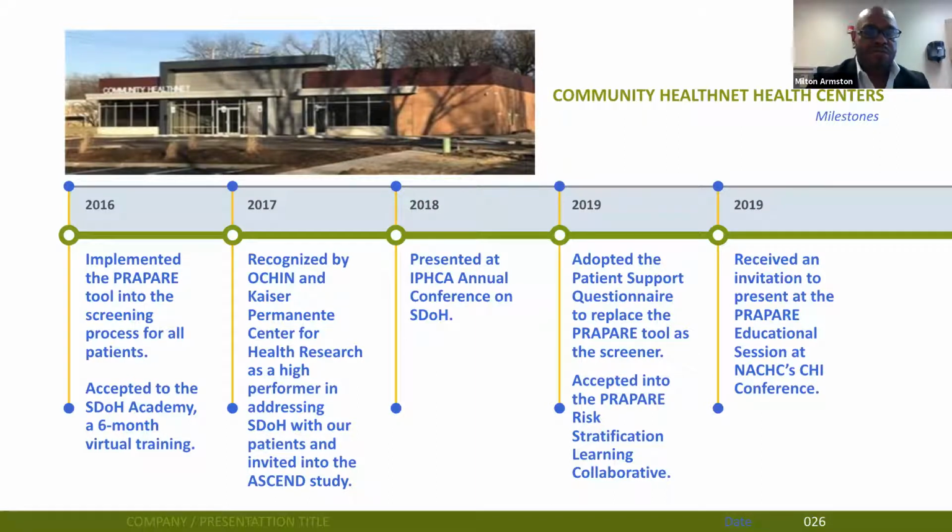Our computer person approached me and said, I just found this really great tool, and it was the Prepare tool. And when we began to implement that tool and have conversations with patients because they had identified some of the factors on that tool, we found that patients really wanted to have better control over their health, but there were certain things that got in the way, such as not being able to afford the insurance, not being able to buy the healthy foods that their doctor was wanting them to eat, not being able to be in a safe neighborhood where they could exercise and so forth.